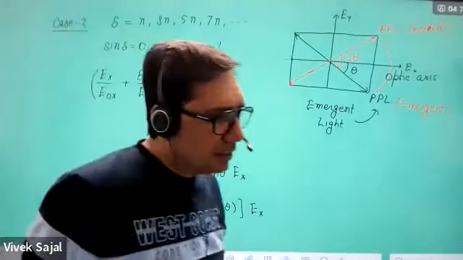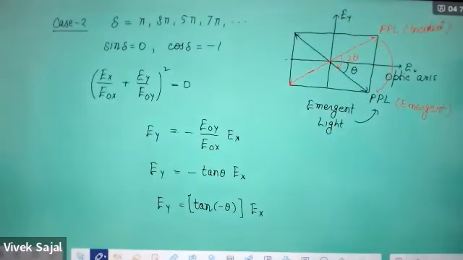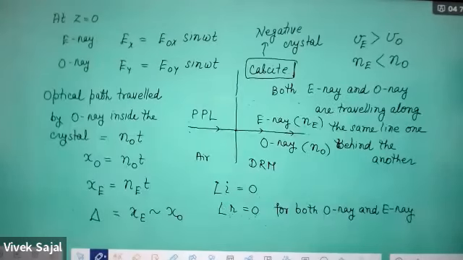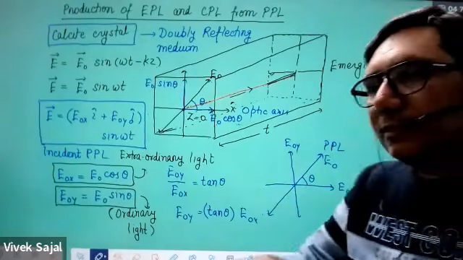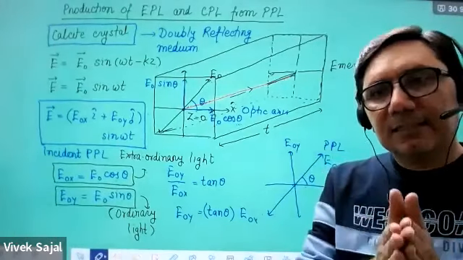Okay beta, please save all these slides I'm showing. Sir, if delta is 0, then there will be no lagging behind of O ray and E ray, sir. Yes beta, there is no lagging between O ray and E ray. That is 2 pi. There will be a lagging, but that phase may be 0. Okay, 0 will be when thickness is 0.